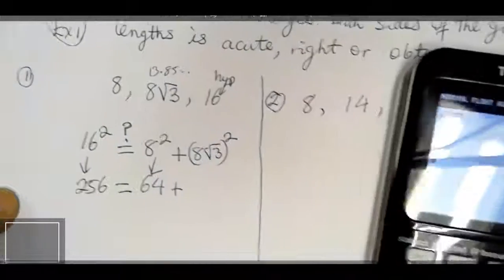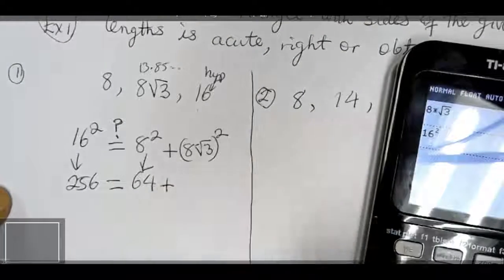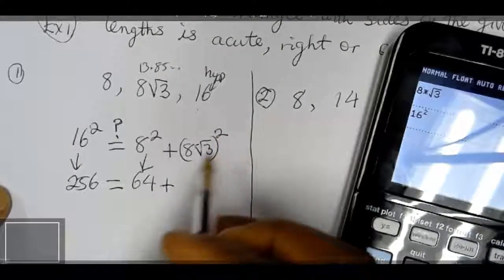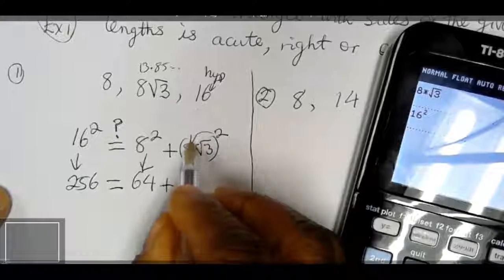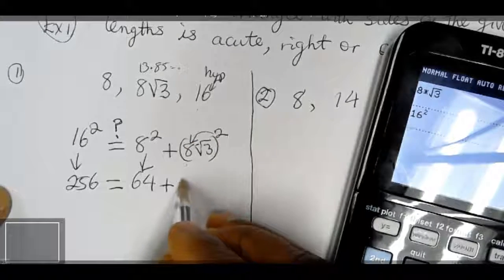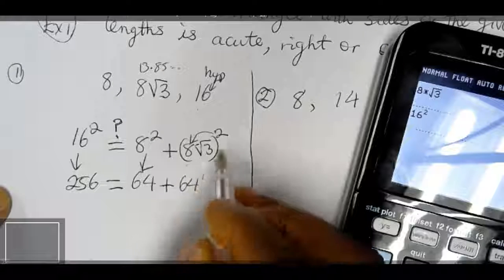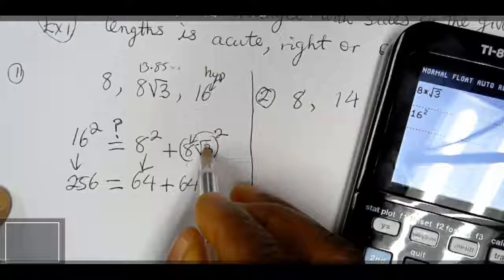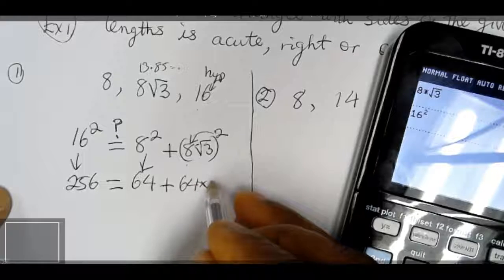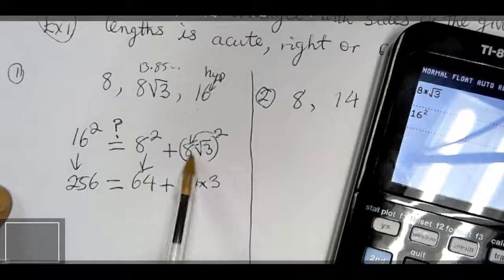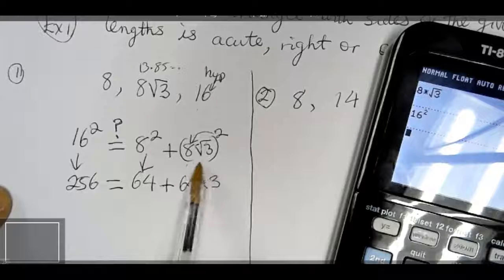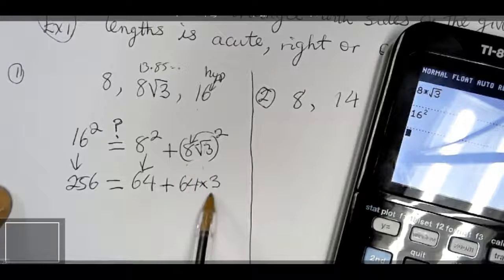That's 8 squared. And then plus this one, just like we did in the other one, 8 times 8 is 64 also, and the square root cancels with the square, so it's times 3. Again, if you don't remember from the last video, you can expand this to find out how this came about.